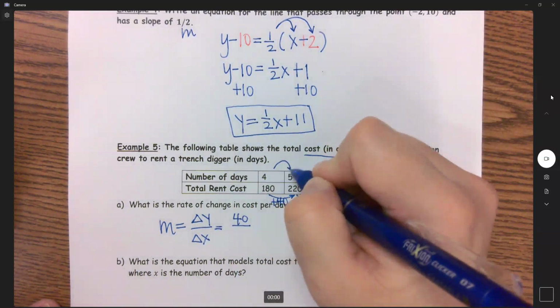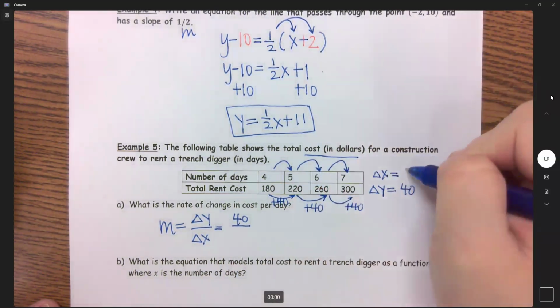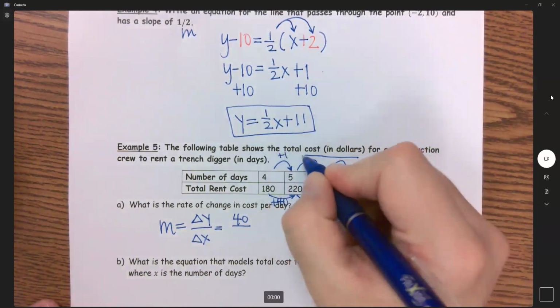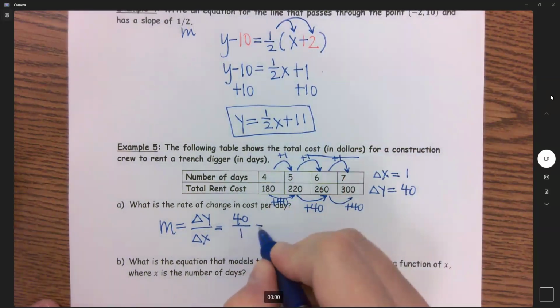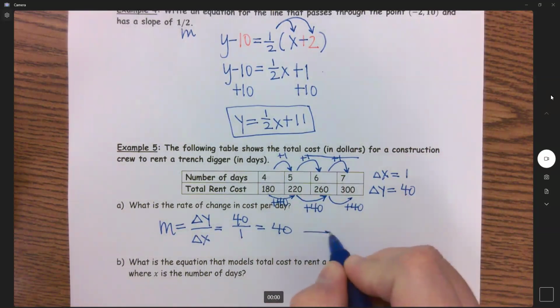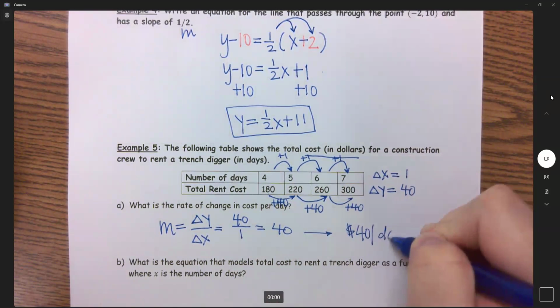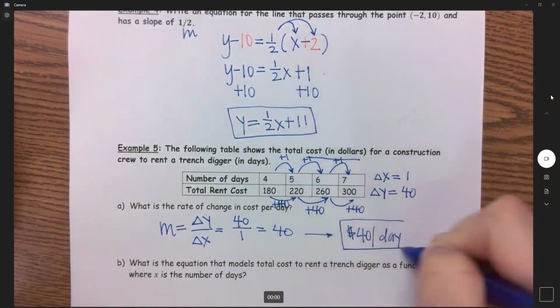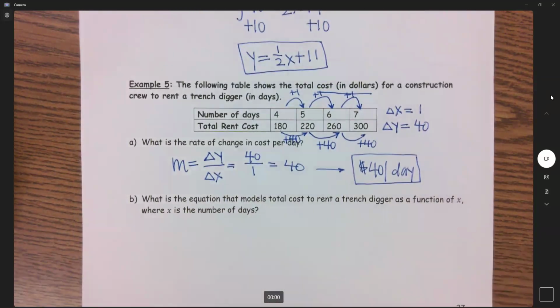How am I going from 1 to 5, 5 to 6, and 6 to 7? Those are all adding 1. So we get 40. So what is the rate of change in cost per day? That means we have $40 per day.